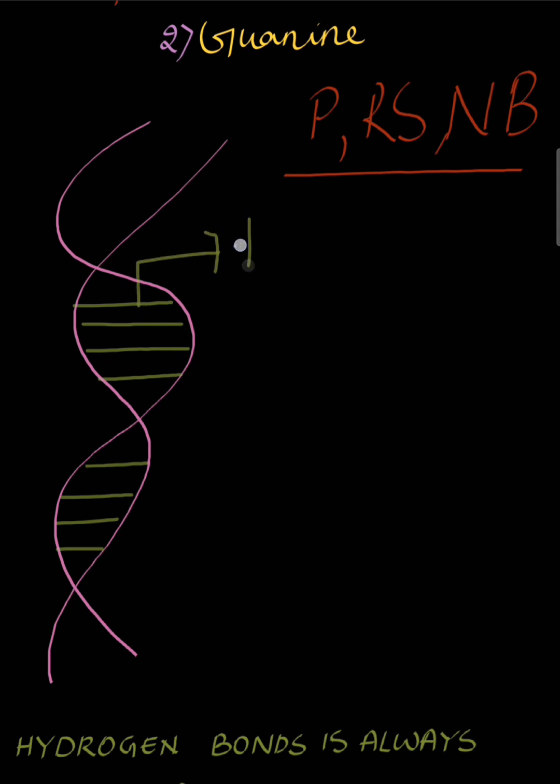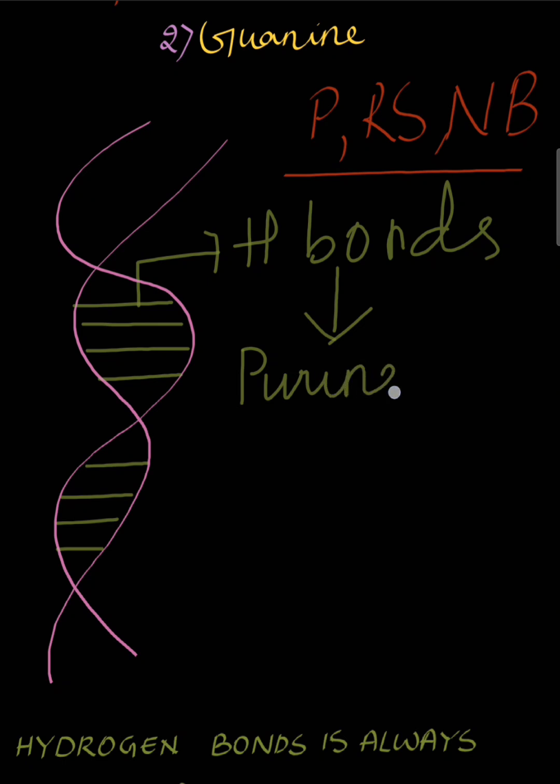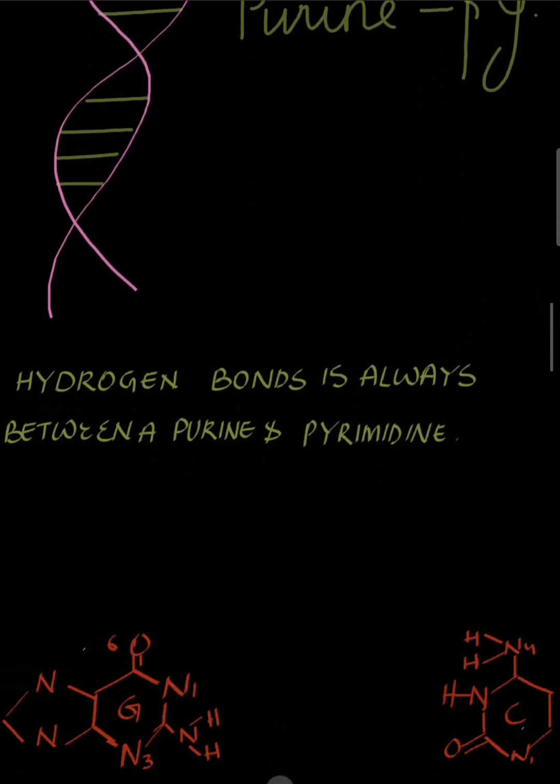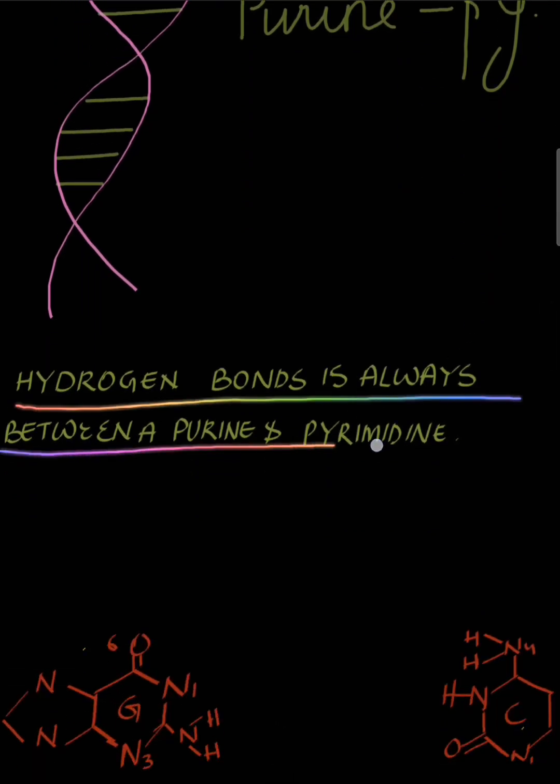These hydrogen bonds are formed between purines and pyrimidine. So we are going to talk about the exact position of the hydrogen bond that will be formed between the purines and the pyrimidines. Now you always have to remember that hydrogen bond is always formed between a purine and a pyrimidine.